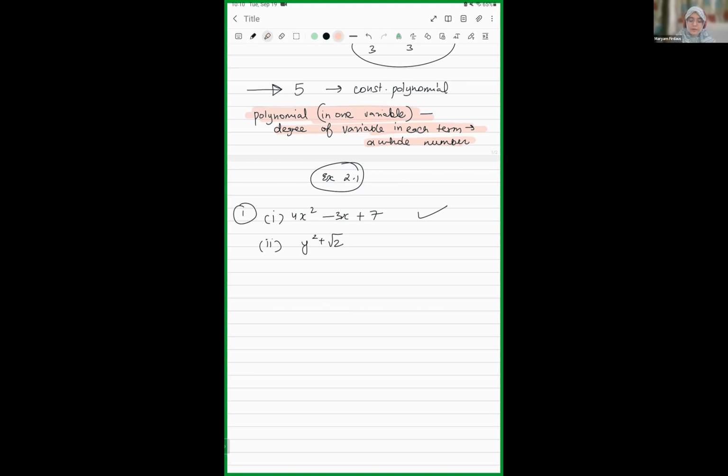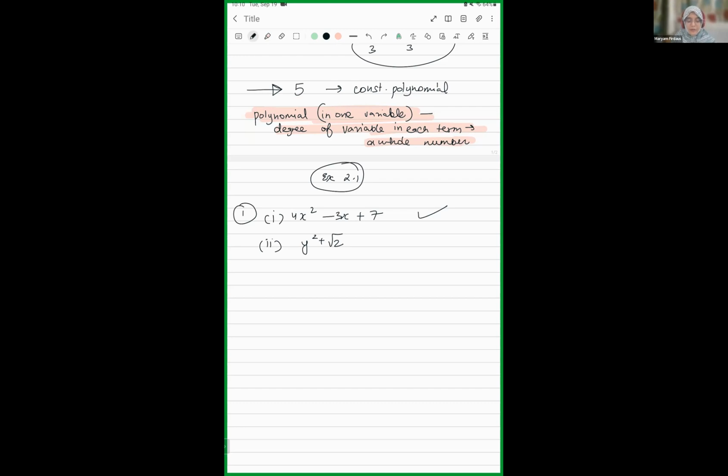All right, y square plus root 2. Now, Avni, look at this definition that I have just written over here. Tell me, is y square plus root 2 a polynomial or not? If not, then why? Ma'am, it is a polynomial.